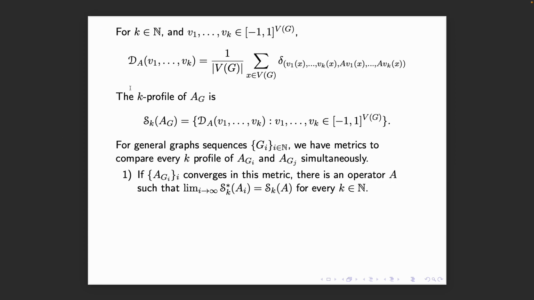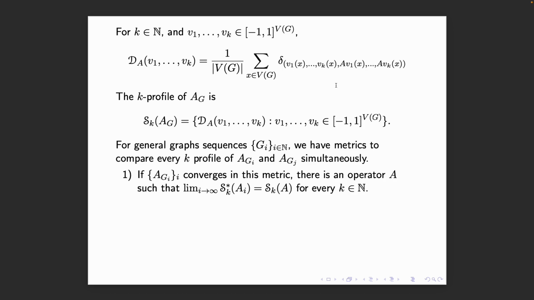So for arbitrary k, you can fix k different vectors that are functions on the vertex set of the graph, and you can look at the simultaneous joint distribution of all k and A applied to all k. Now this one you can't visualize because it's a probability distribution on R2k. So we can only really think about this when k equals 1.